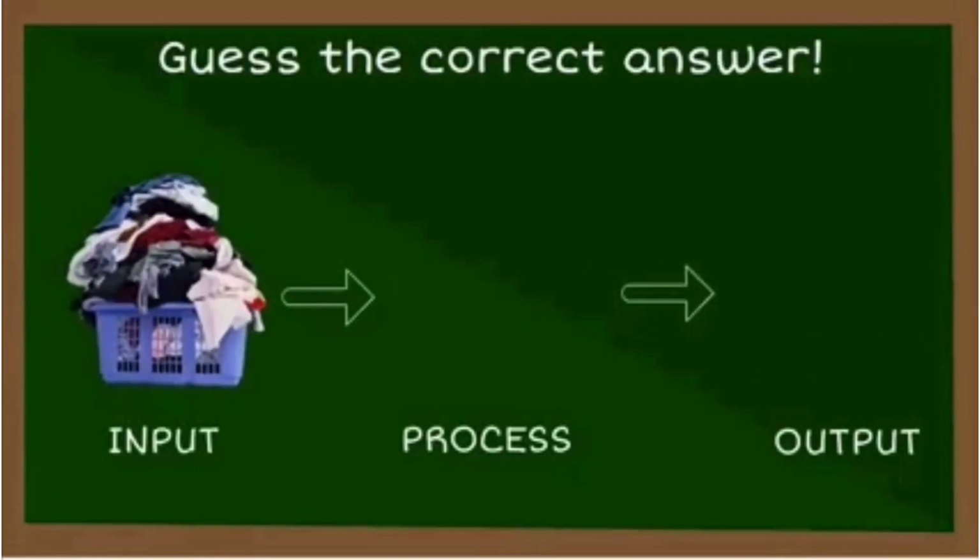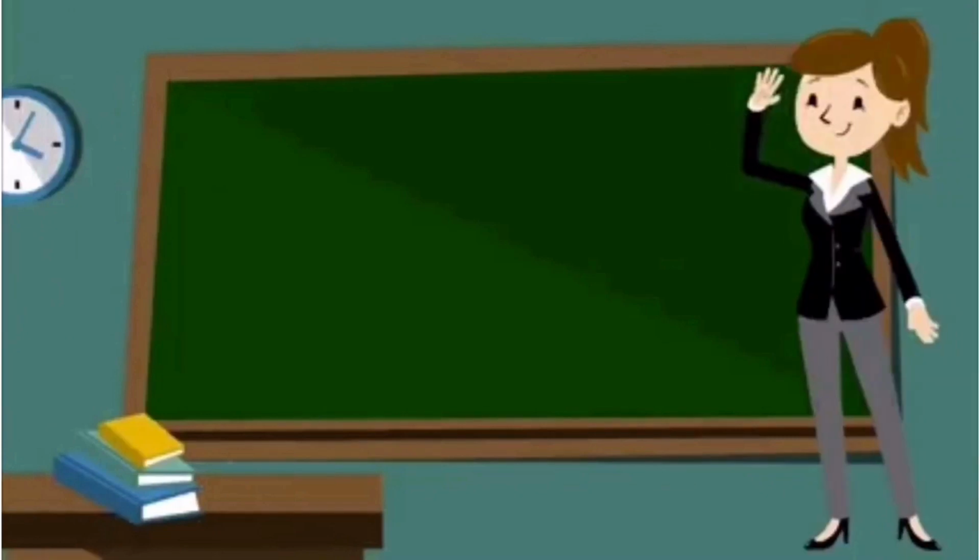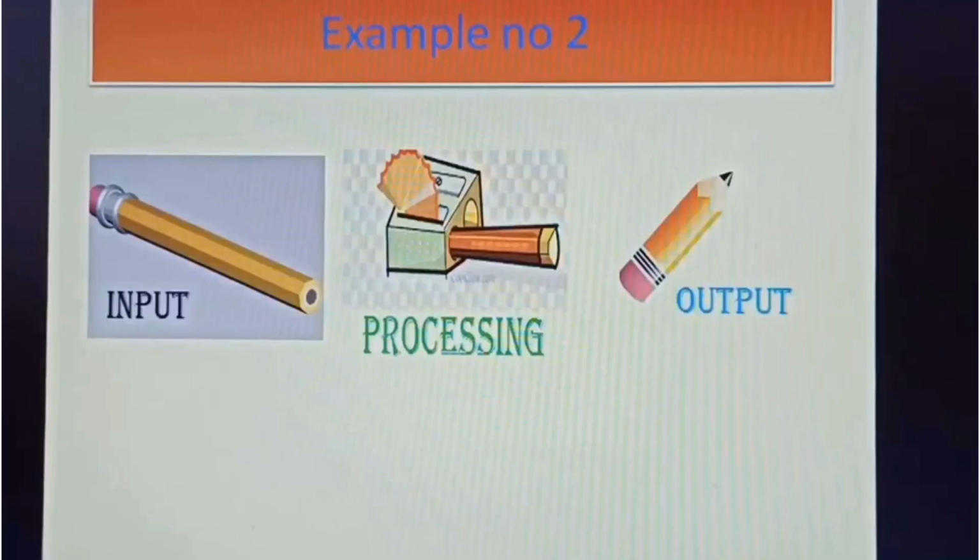Dirty clothes are the input here, and we get clean clothes as the output. Now I am going to give you all an activity as homework. Take an unsharpened pencil and use your sharpener to sharpen your pencil. Then you will get the output. Output will be a sharpened pencil. Do it, children.